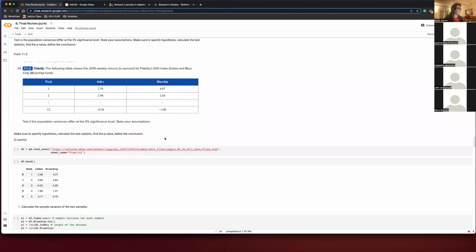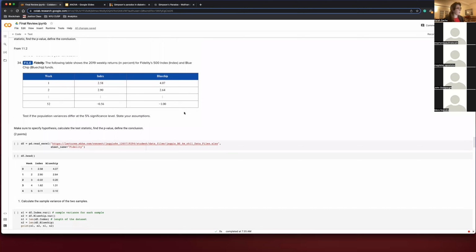So even just something like this question, if we're trying to test if the population variances differ at this degree of significance between blue chip and index related funds, that might relate back to a business decision. If you're an investor and you want to know which portfolio has more risk, because perhaps there's just more variance, and maybe there actually isn't any difference in the variance between these two funds based off of the sample that's representative of the population.